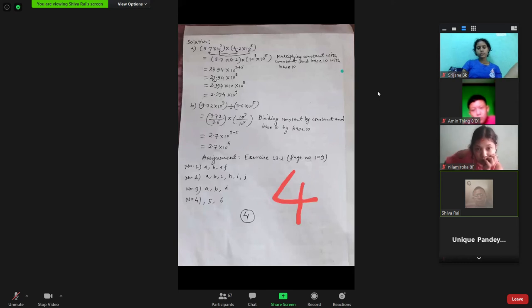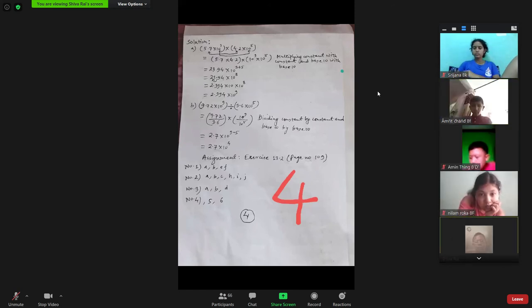Now, 9.72 divided by 3.6 gives 2.7. Into. You know, in the case of division with base 10, their powers should be subtracted. 10 to the power 9 minus 5.